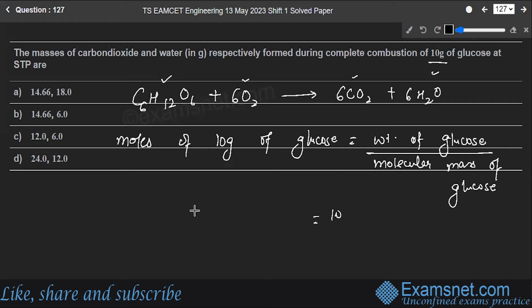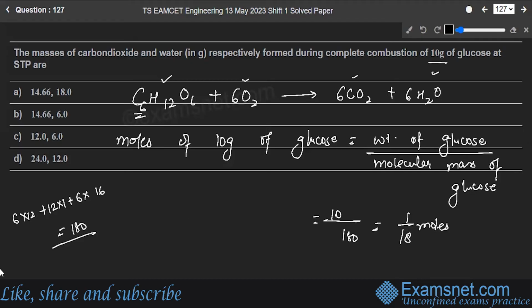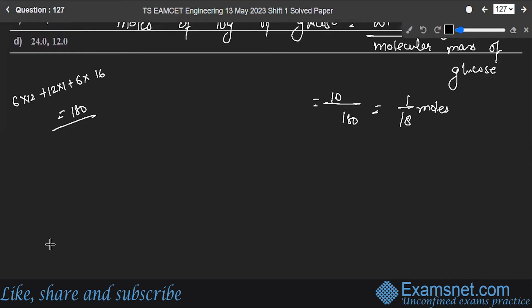Weight is 10. Molecular mass of glucose is 6 into 12 plus 12 into 1 plus 6 into 16. This gives me a total of 180. So this is equal to 1 by 18 moles. Moles of 10 grams of glucose is 1 by 18 moles.